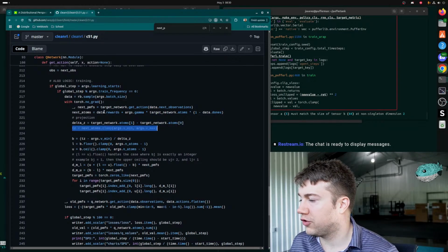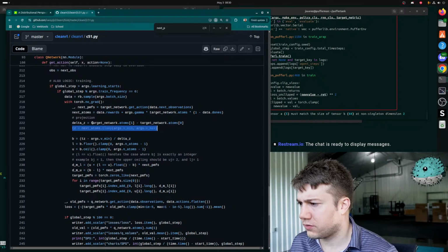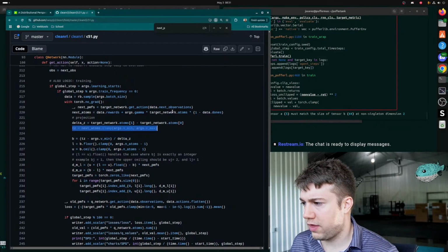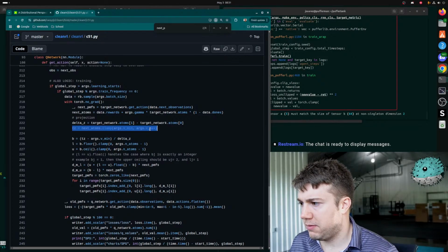Okay, so it's a little confusing because these are out of order here. But they are just clamping this, like, discounted reward thing between the min and the max.